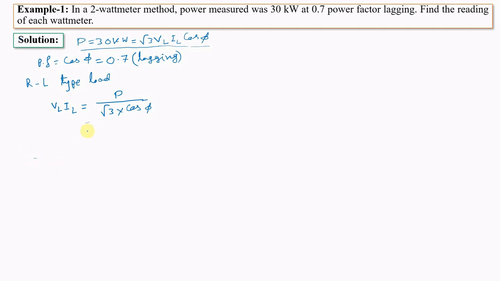Here the value of P is 30 kilowatt and the power factor is 0.7, which is given in the question. So we can find the value of VL IL, and it will be 24.7436 kVA.